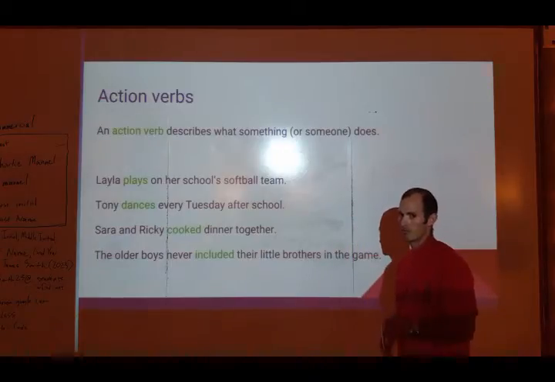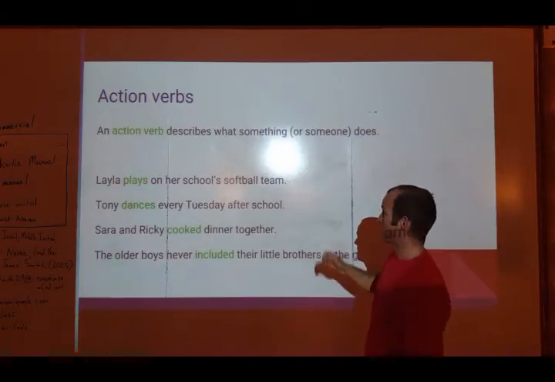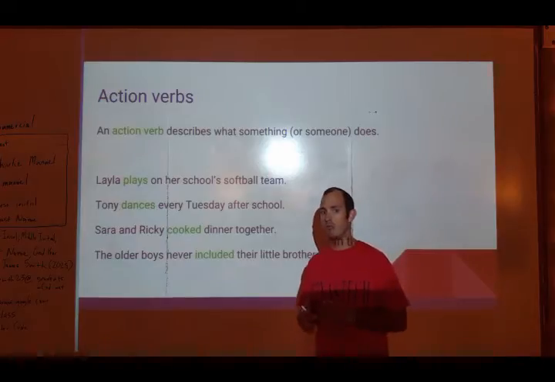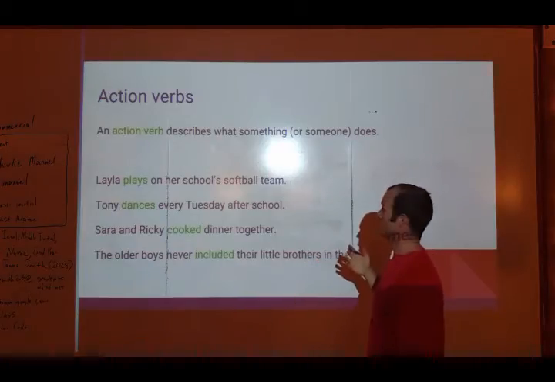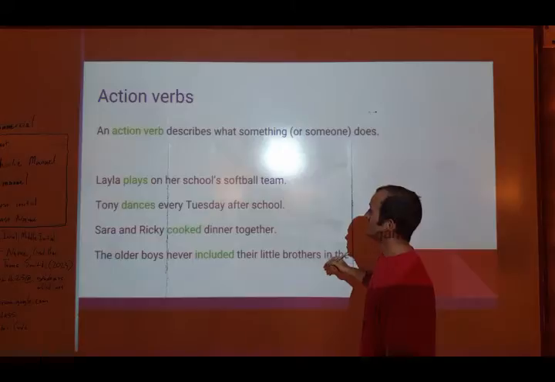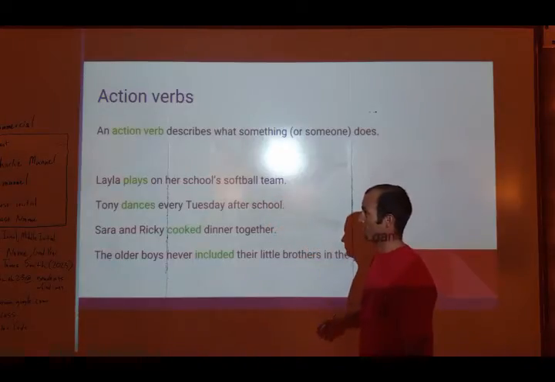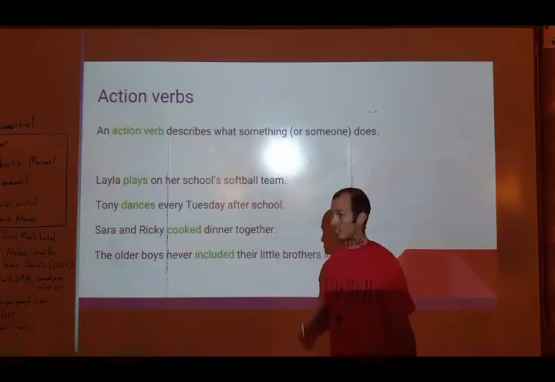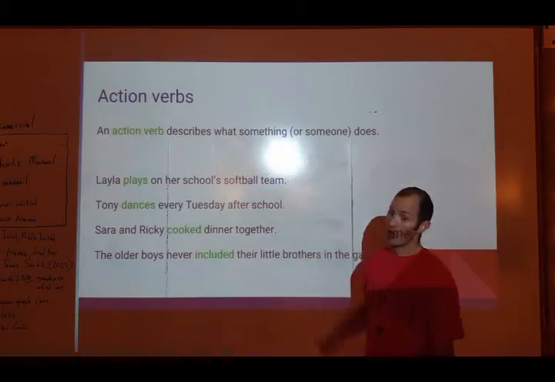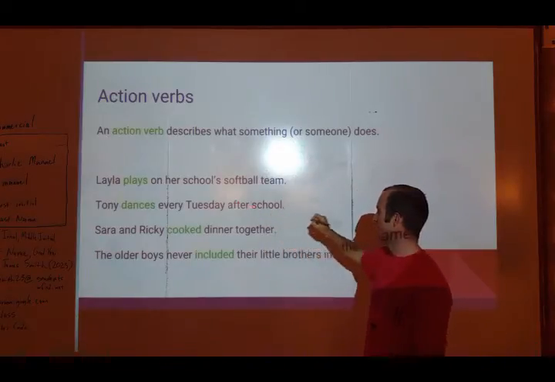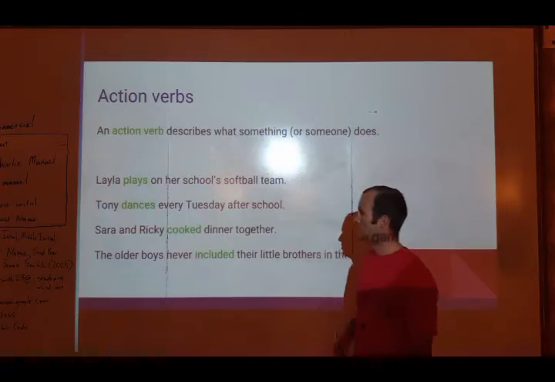We've kind of already gone over this, but I want to go over it one more time. Action verbs describe what something does. So for instance, Layla plays on her school's softball team. What is the action here? Plays. Tony dances every Tuesday after school.